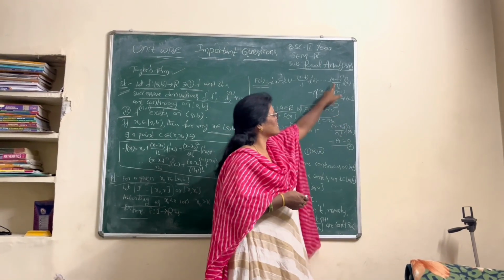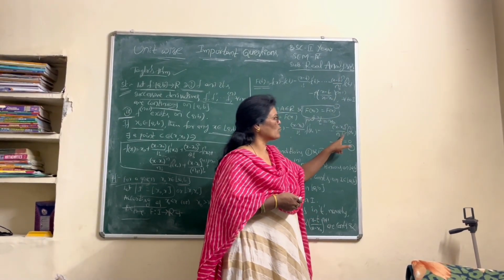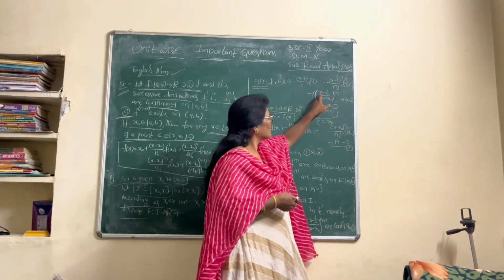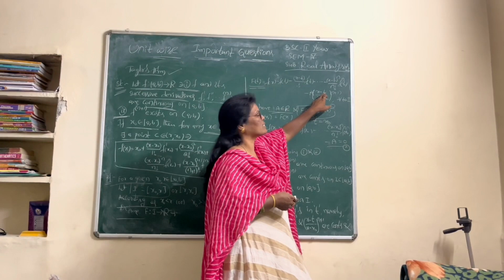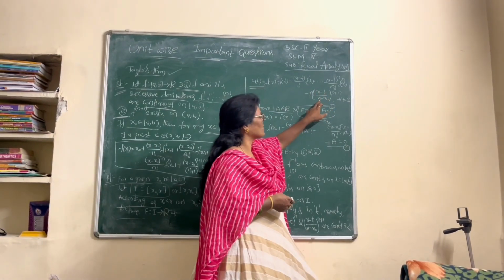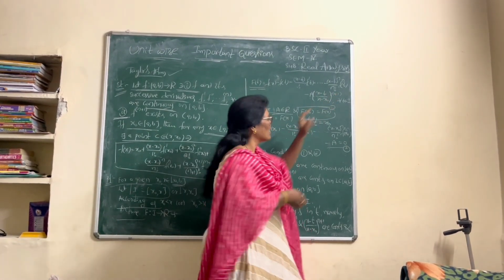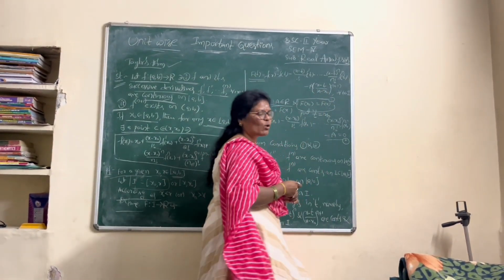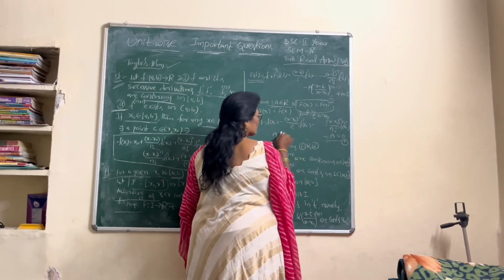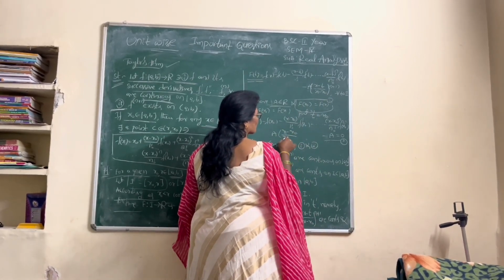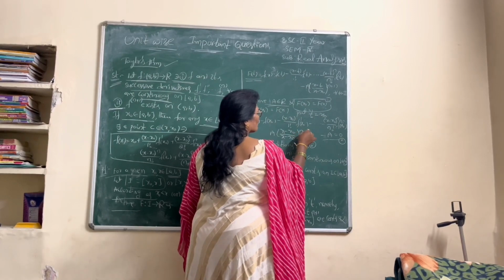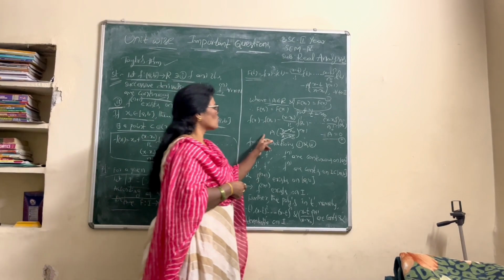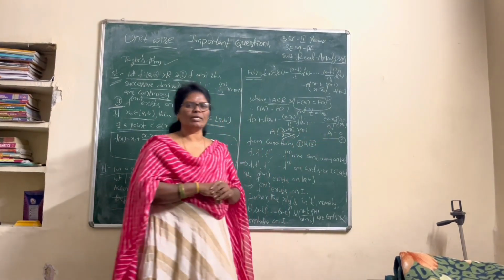Here (x - x naught)^(n+1) cancels, so minus A remains, and this should equal 0.